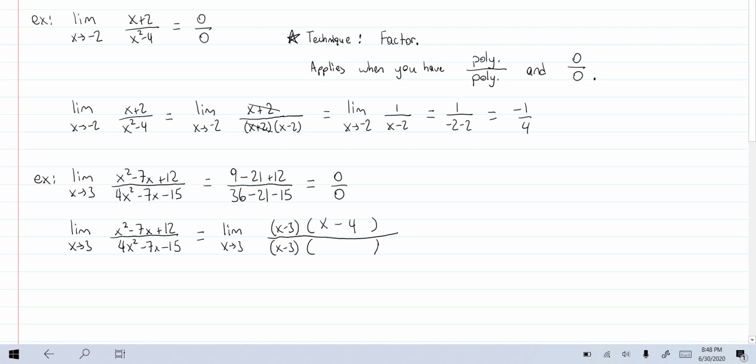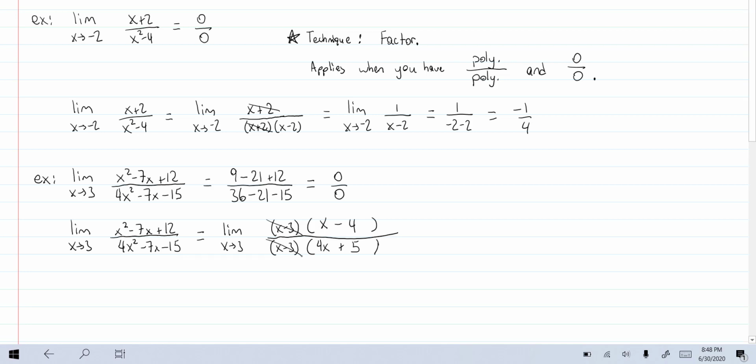And in the denominator, this will have to be 4x to get the 4x squared. And this will have to be plus 5 to get the minus 15 at the end. Okay? So when you're doing these types of problems, you sort of already know what one of the factors of the polynomials will be, and you can use that to help you with factoring.